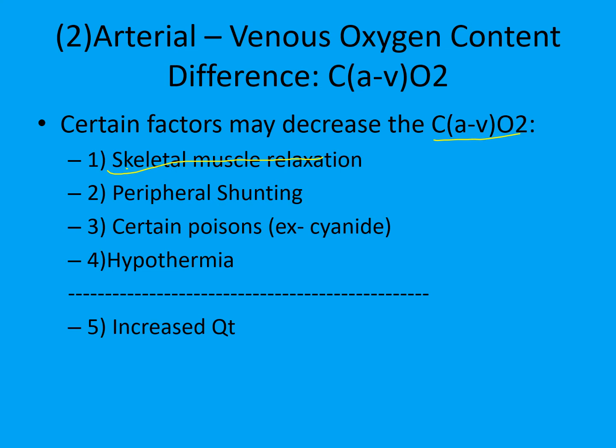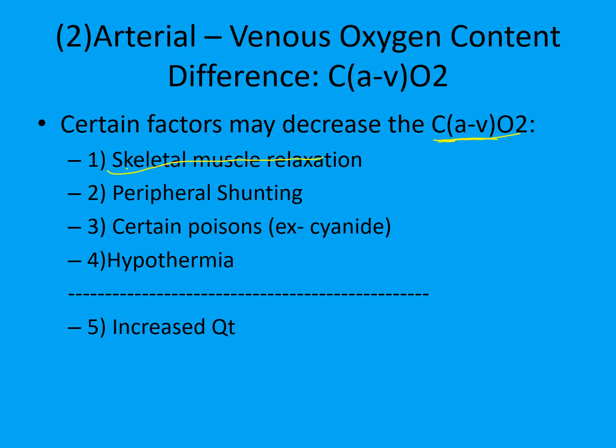Why would we paralyze them? Well, they're already on the breathing machine. What happens to how much oxygen your tissues are consuming if we paralyze your muscles? In other words, your muscles aren't being used. So the oxygen consumption of your muscles decreases if we paralyze you. So if you are paralyzed, your A to V gradient narrows.